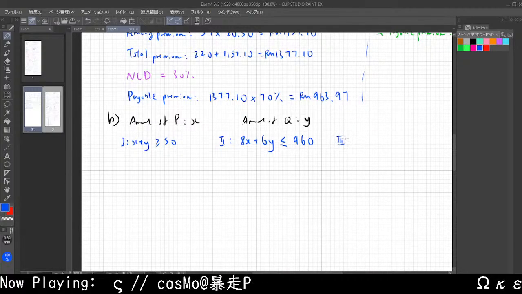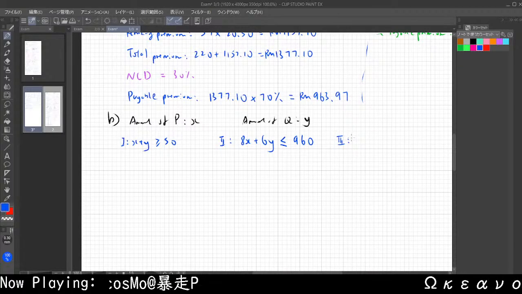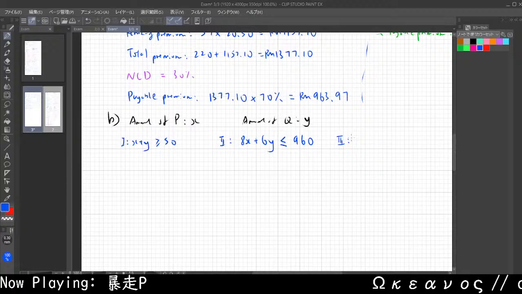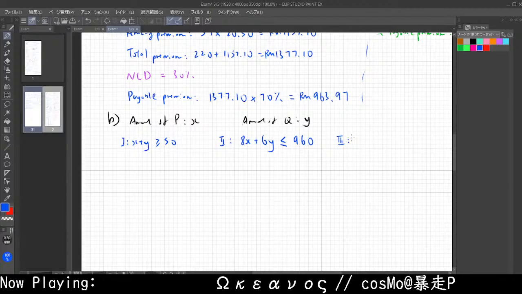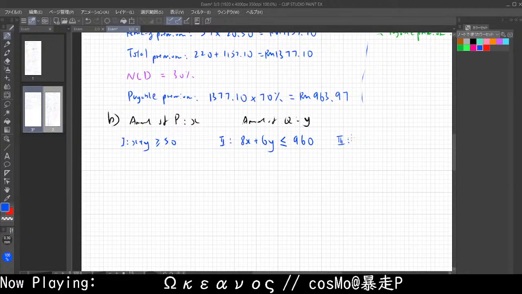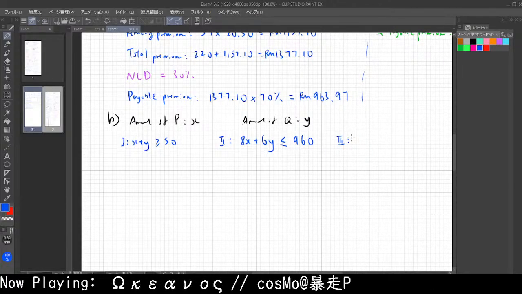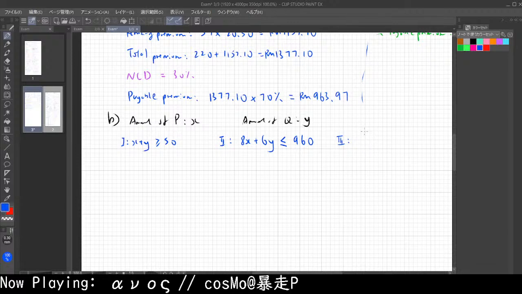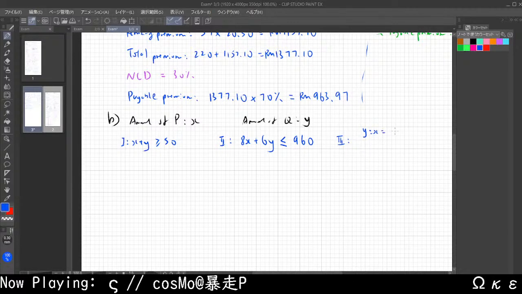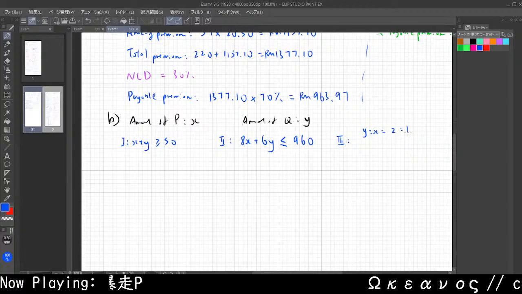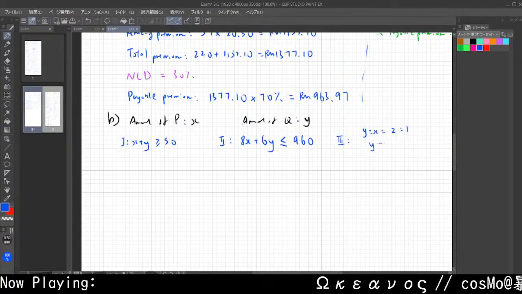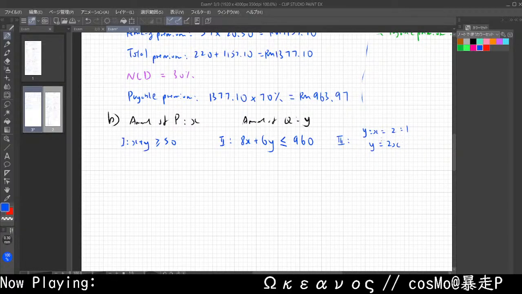Your part 3, the ratio of number of components Q to number of components P is at most 2 to 1. So in this case, Y to X must be 2 to 1. If you swap it and change it to a fraction, you will get Y equals 2X.